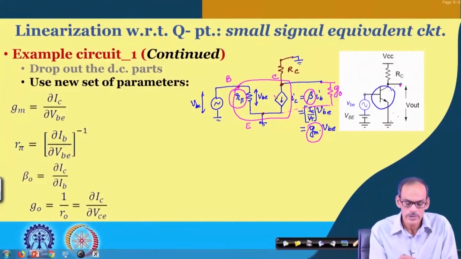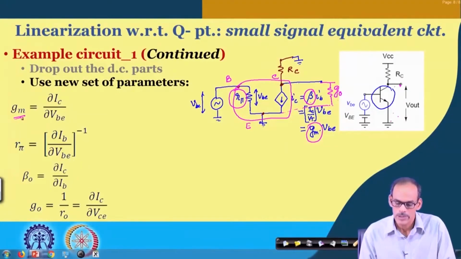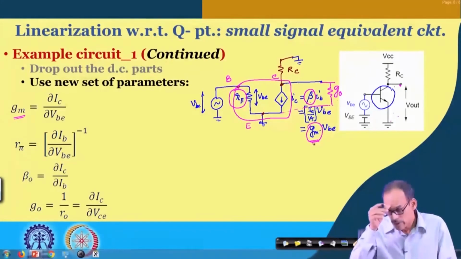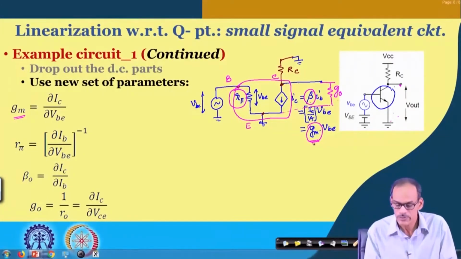If you see here, they of course have their own unambiguous definitions. Whenever you talk about G M, it is referred to as the transconductance of the device. How is it defined?